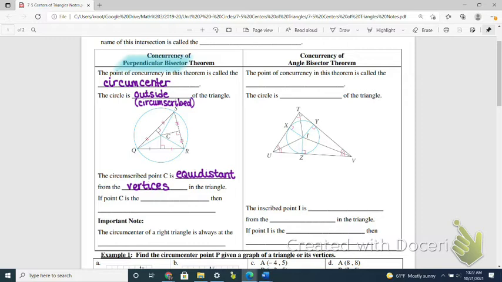In the triangle, if point C is the circumcenter, then QC is congruent to RC, which is congruent to SC.